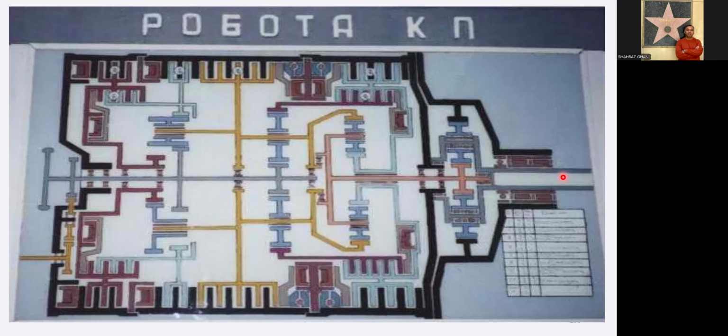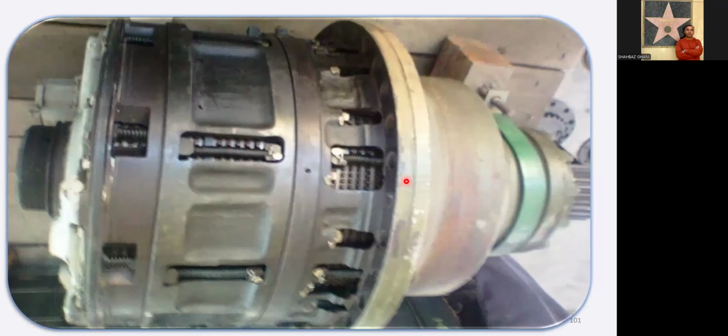This is just to show how different combinations of planetary gear sets along with different clutches can give different power outputs with respect to the range we are using. This is just to give you an idea of how it looks. This is the actual figure of the transmission used in tank Al Khalid or tank TATUD.